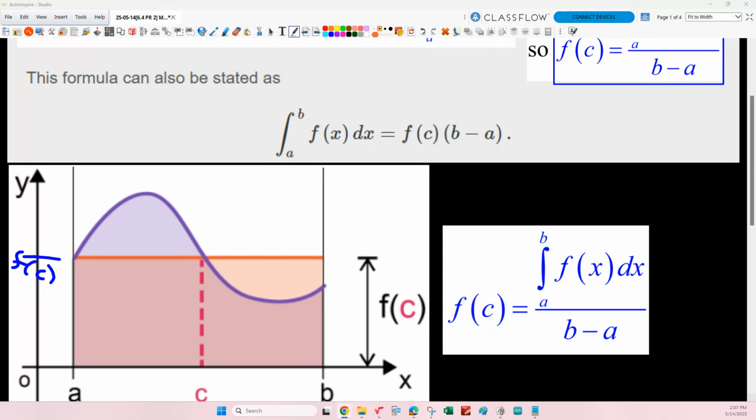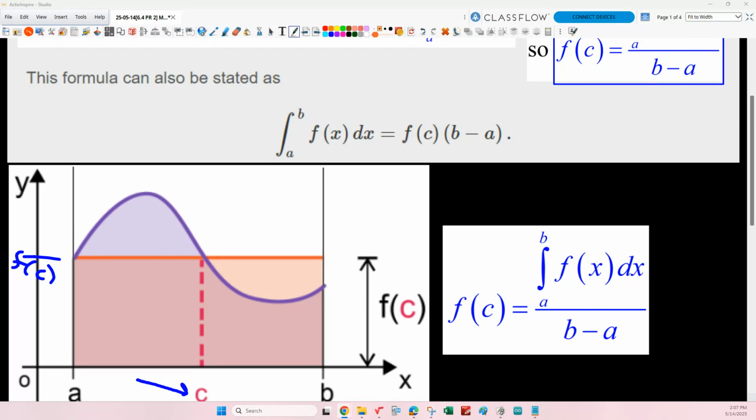Why do we call it f of c? It's kind of a weird thing to do, but usually we're trying to find the place where the function has its average value. And the place where that happens, that x value, we call c. So then the value of the function at that place is its average value.